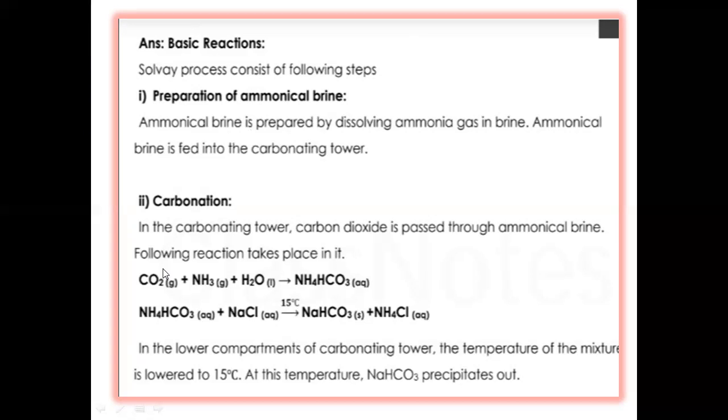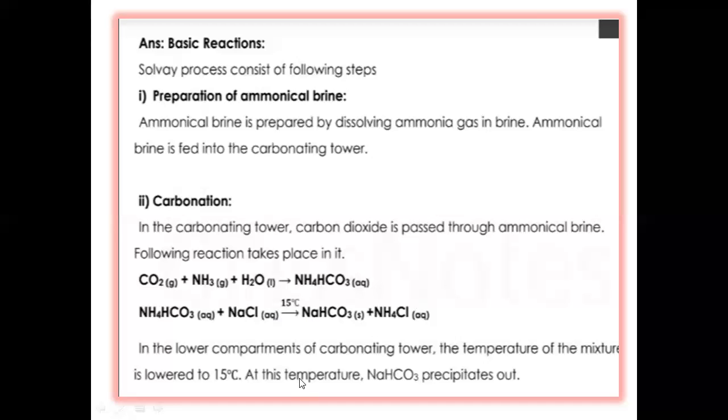So this carbon dioxide first reacts with ammonia and water and gives ammonium hydrogen carbonate. This ammonium hydrogen carbonate then reacts with the brine, or concentrated solution of sodium chloride, and gives sodium hydrogen carbonate and ammonium chloride. Sodium hydrogen carbonate is also called sodium bicarbonate, or baking soda, along with the side product ammonium chloride.